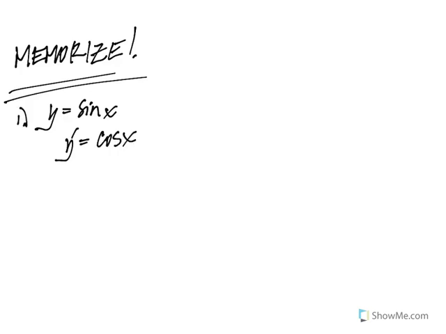That's the first one. The second, if y is equal to the cosine of x, y prime is equal to the negative sine of x. Remember what I told you in class the other day: if the trig function starts with a c and an o, it has a negative derivative.